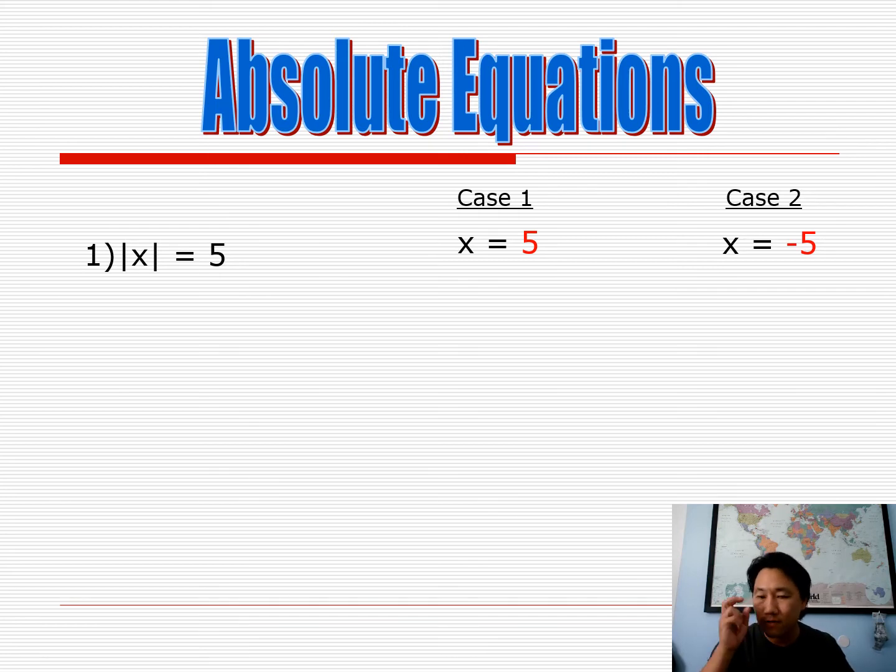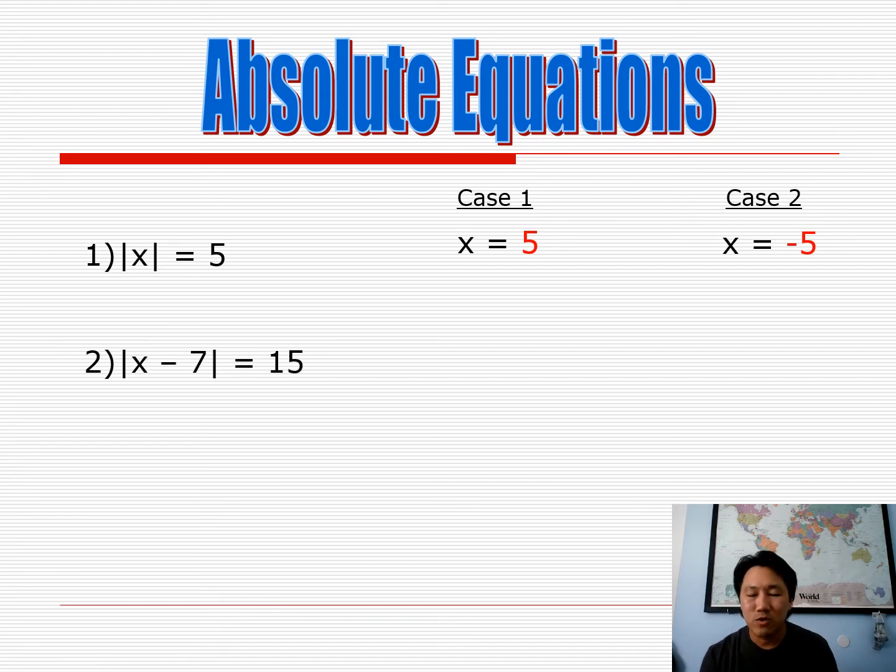So in this case, we're going to have two possible answers. x could be 5, or it could be negative 5. Because if you plug 5 into the absolute value of x, you do get 5. And if you plug negative 5 in, you also get 5. So two answers.